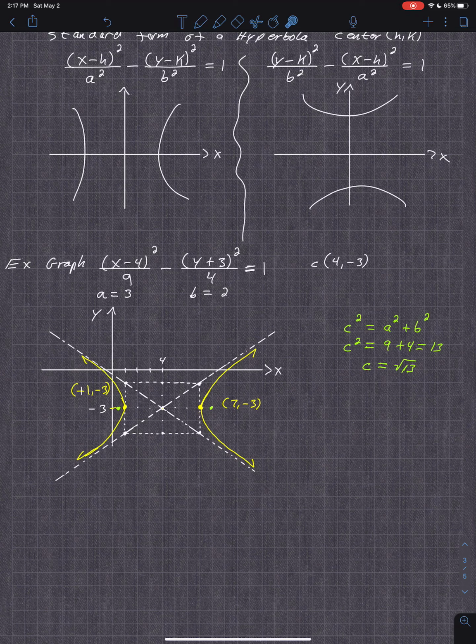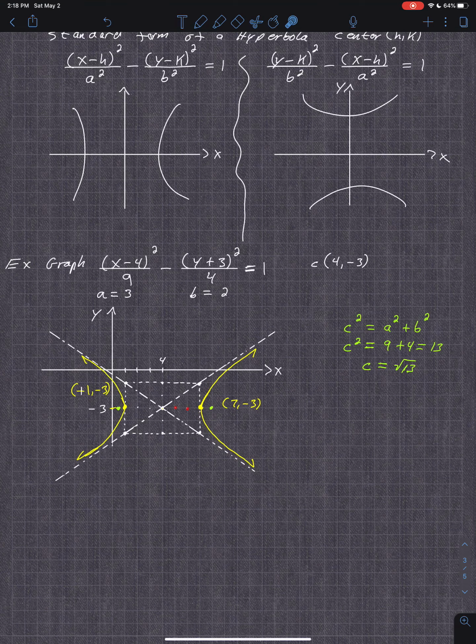The foci you can calculate. You just put a plus in the middle because the focus isn't here, it's on the outside. So you just add those two together. All right, so it's √13, so you just count that, and that's your focus. So you do the square root of 13, get that value, and put a dot.